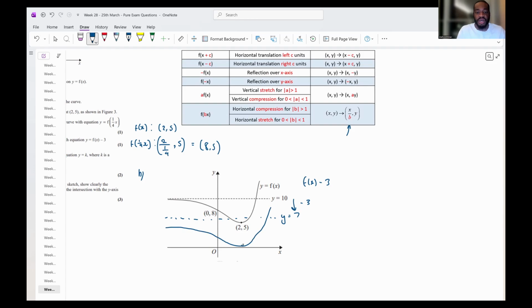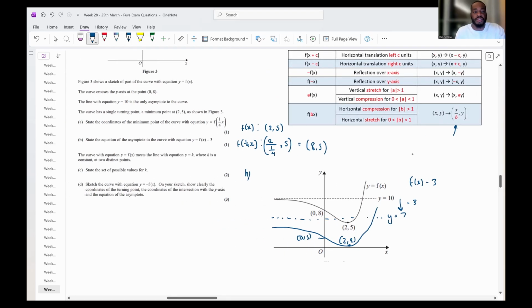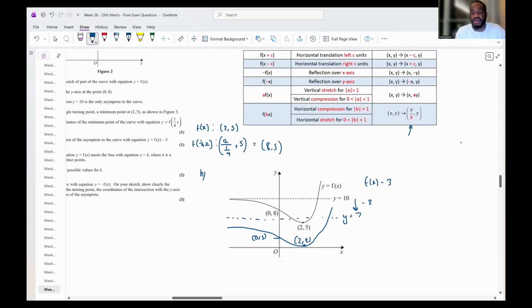Everything will drop. This will now be at (2, 2). Obviously, it's a bad sketch, but you get the idea. This is going to be at (0, 5). Does that make sense? Everything just drops by 3 units vertically. Yeah? So therefore, the answer for part B, state the equation, is just y equals 7. So I'll box that.